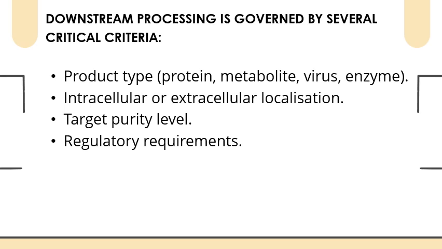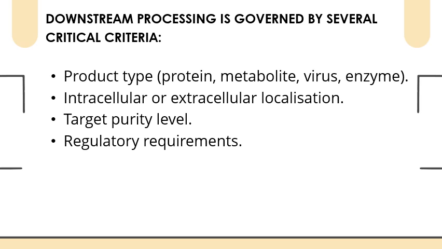So the downstream process is actually dependent on several critical criteria or factors that include product type, protein, for example, metabolites, virus, enzyme, whether or not the product is intracellular or extracellular, and also the target purity level, how pure we need our product to be, and finally the regulatory requirements.